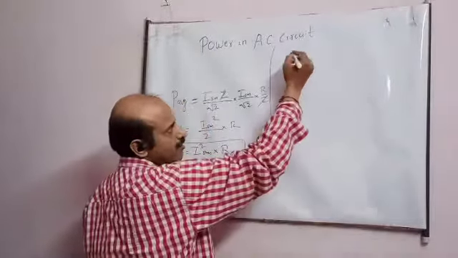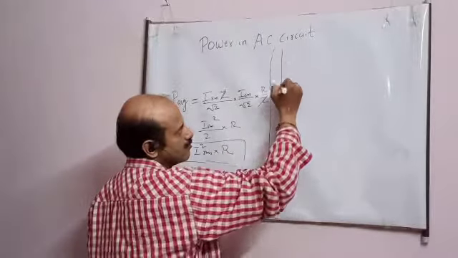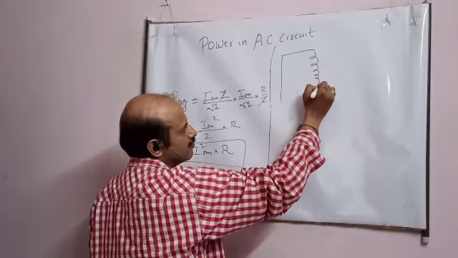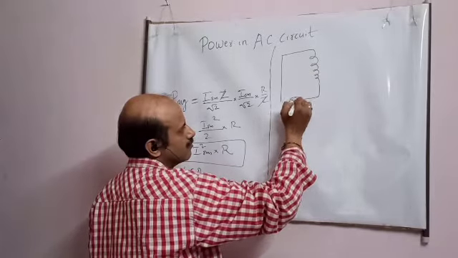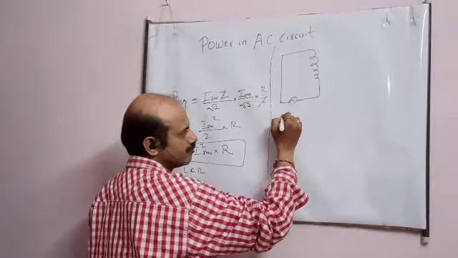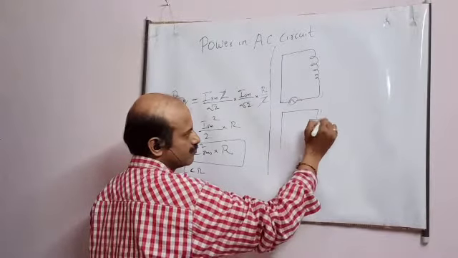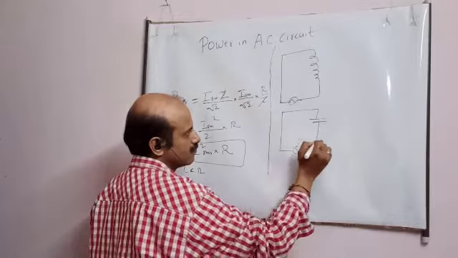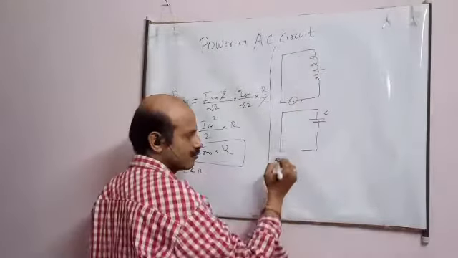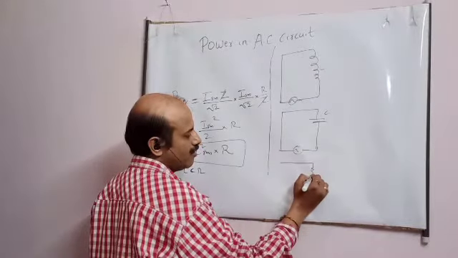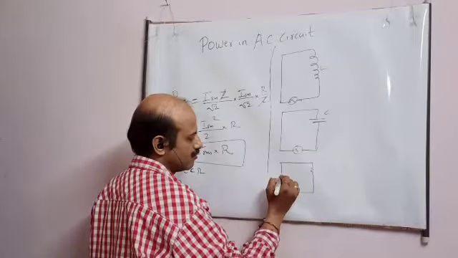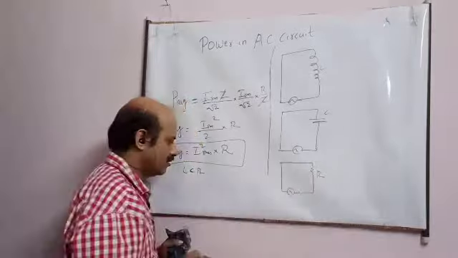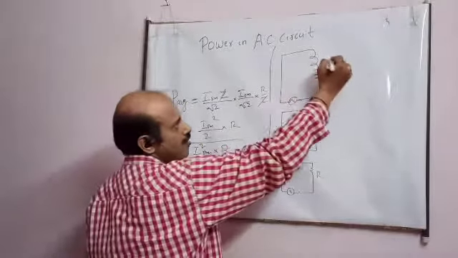Suppose, student, we have a circuit like this. And then we have, in this case, student, P average.